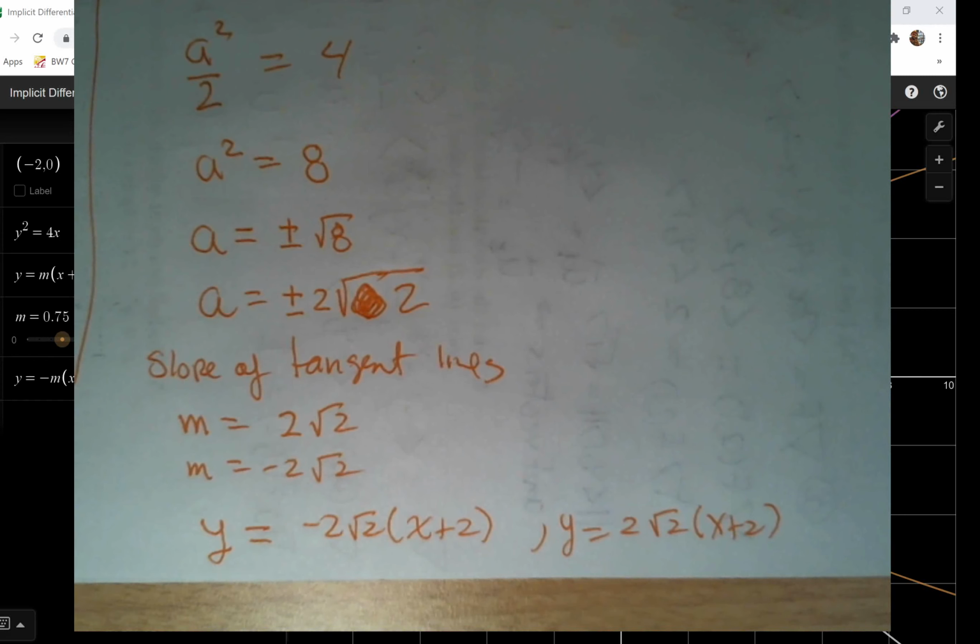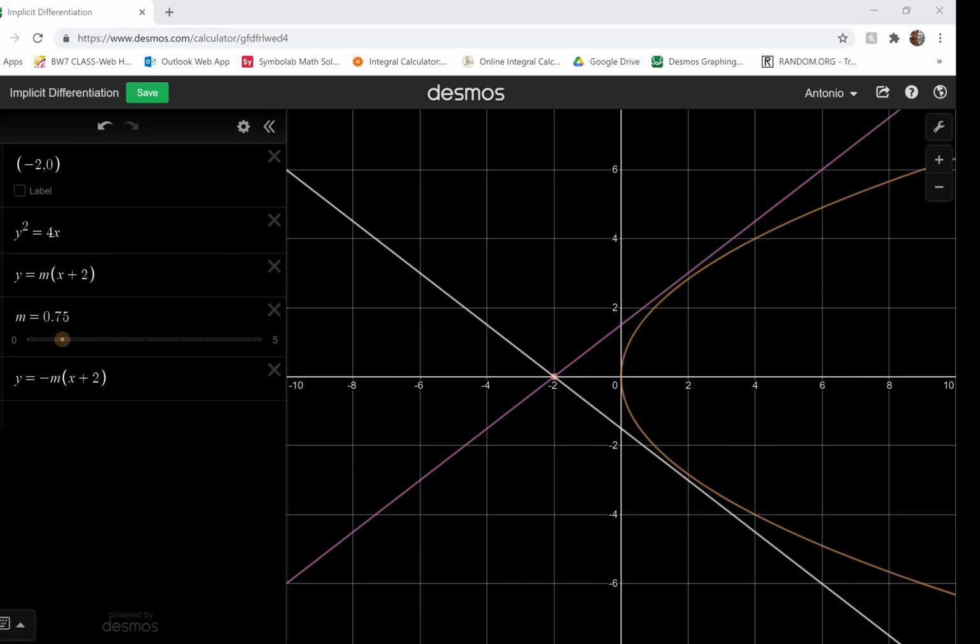Let's go back to the graph here on Desmos. All right, and let me plug in my value for m.